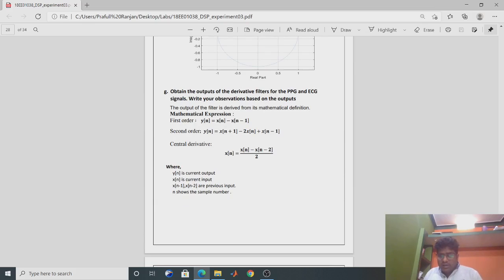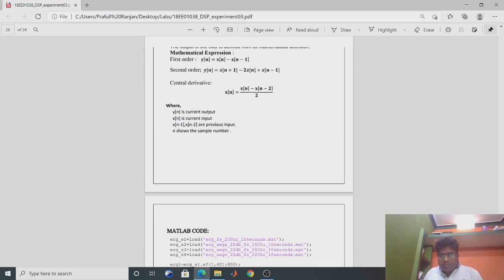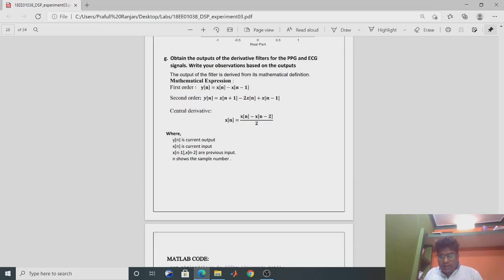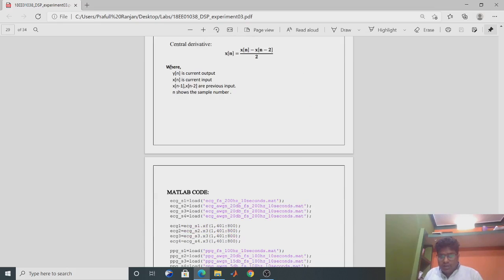So now we have to obtain the output of the derivative filter for the PPG and ECG signal. Okay, so these are the same which we have written above, and these are the notations.